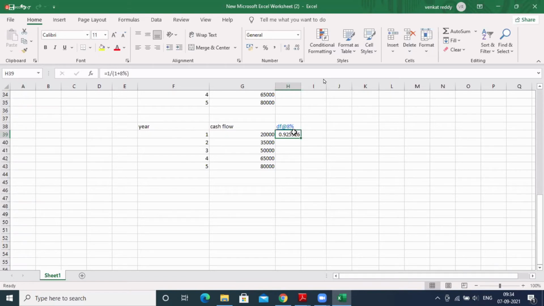I hope you understood the meaning of this 0.92. It means 0.92 on January 2021 is equal to 1 rupee on 31st December 2020. Is that clear? Yes.